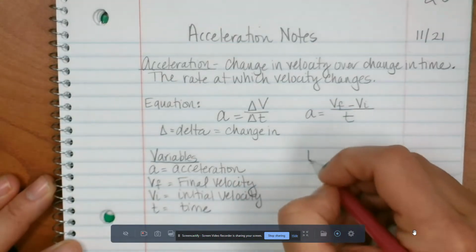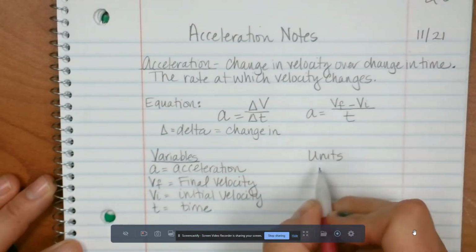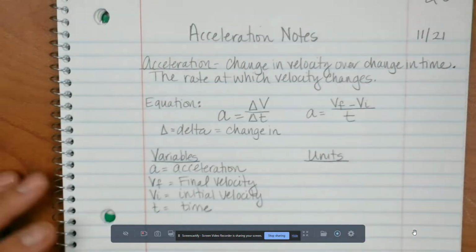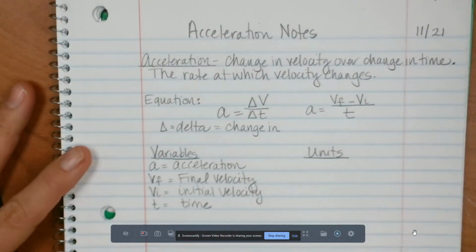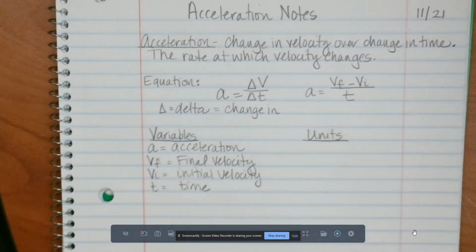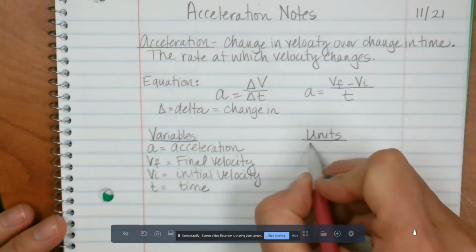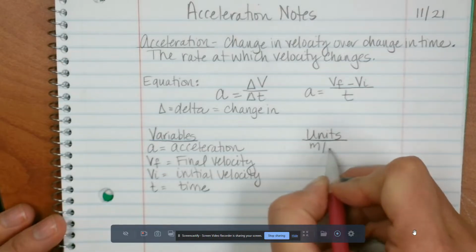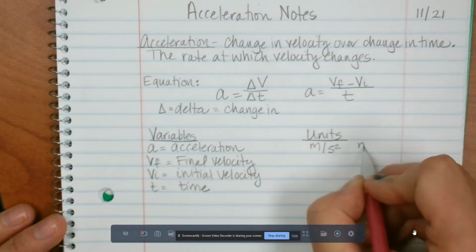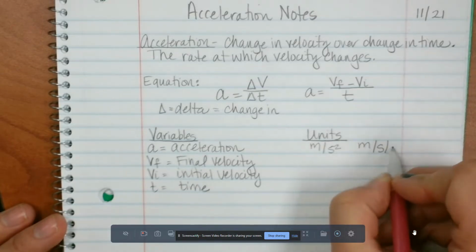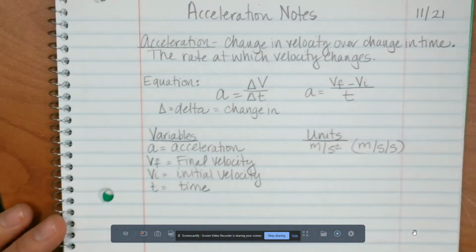And we're also going to talk about our standard units. Now remember, you can have all kinds of units, but our standard units, the ones that we use in most cases, is what we're going to talk about. So acceleration is going to be meters per second squared, which breaks down into a meters per second, if you remember that we talked about that.